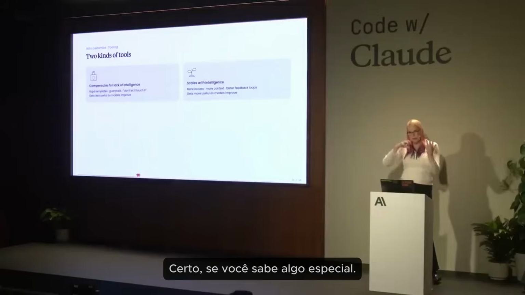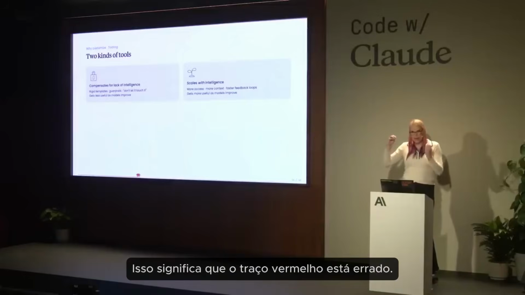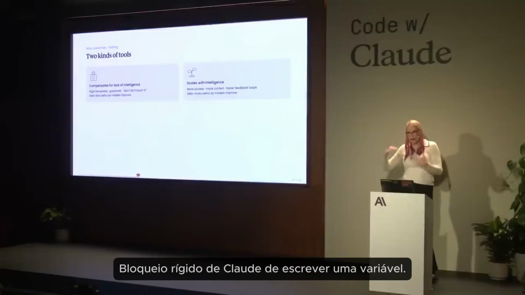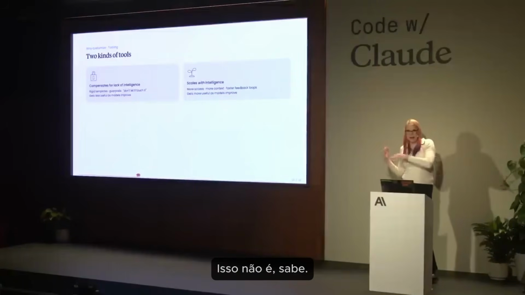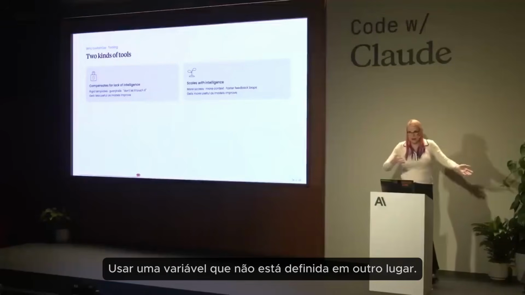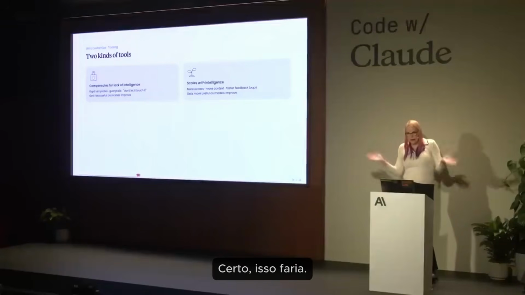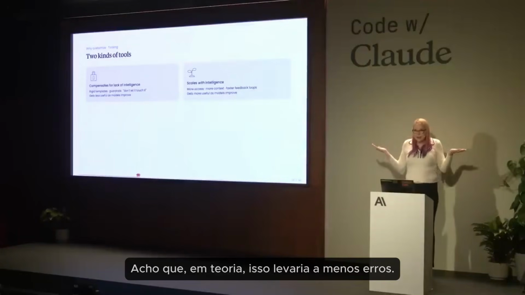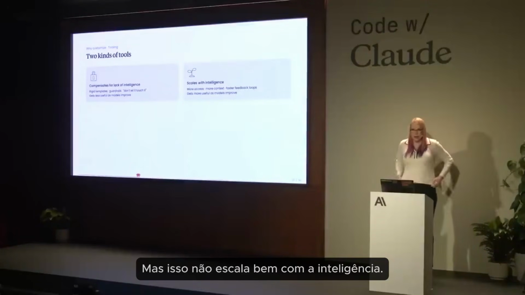If you know something special that means that the red squiggly is incorrect, you can keep going, right? Whereas if you were to hard block Claude from ever using a variable that's not defined somewhere else, right? That would, I guess in theory, lead to fewer mistakes, but that doesn't really scale up well with intelligence, right?